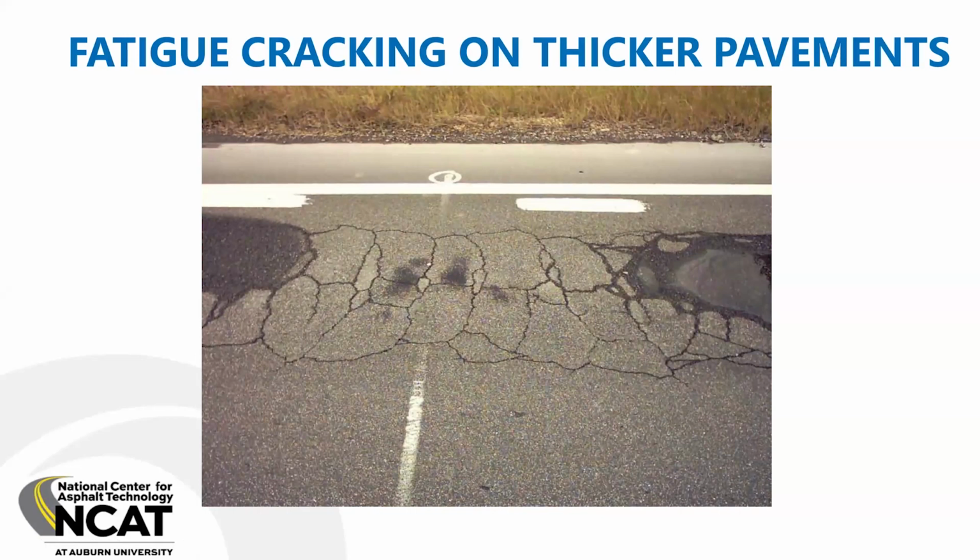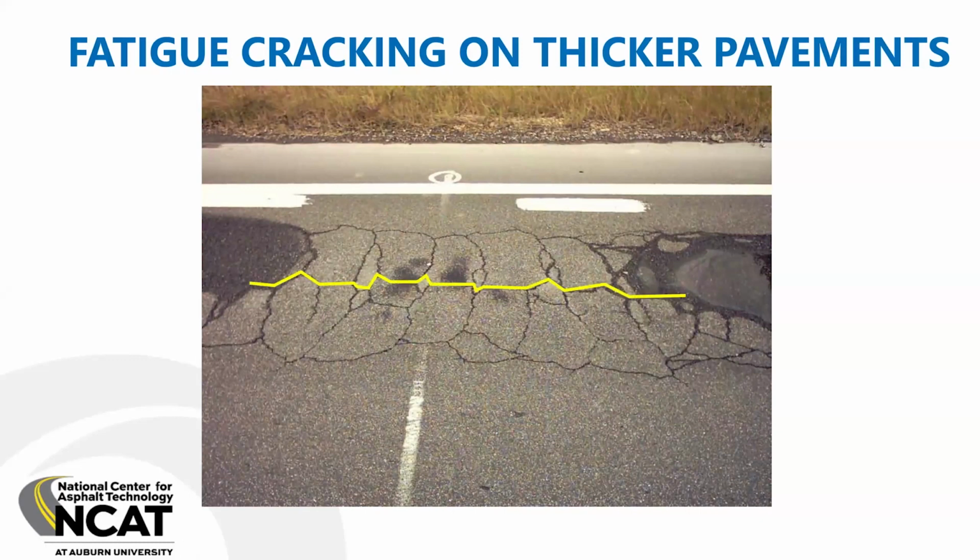If you have a thicker pavement, like maybe a typical state route or interstate type of pavement, even though those bottom up fatigue cracks start in the transverse direction, you're probably not going to see them manifest on the surface in that orientation.